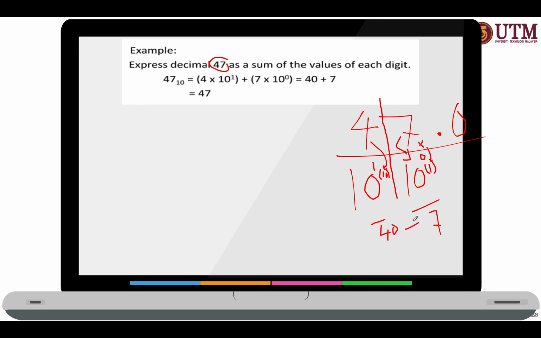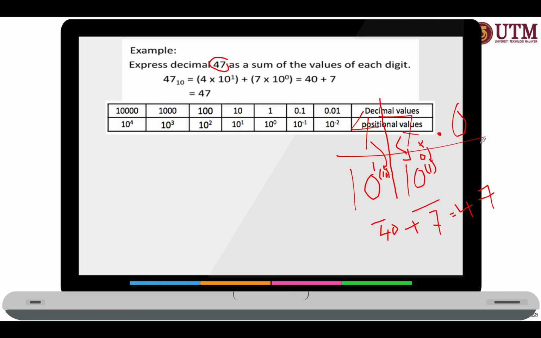So now you add 40 and 7, you get 47. This is how you calculate every single decimal value.